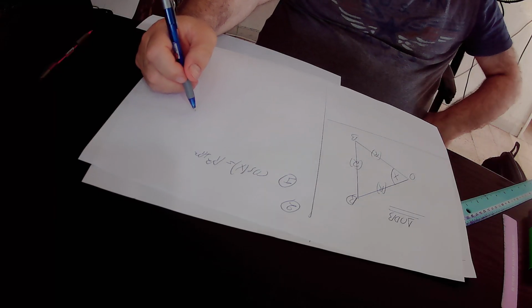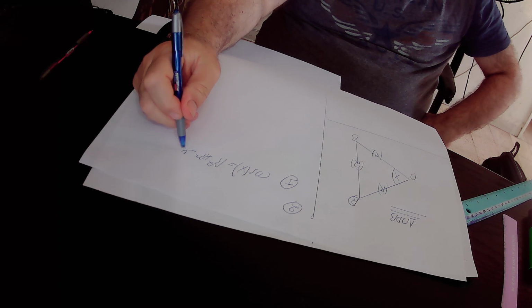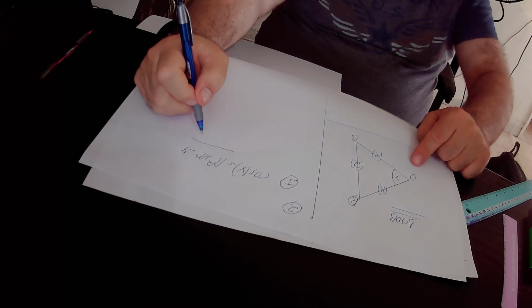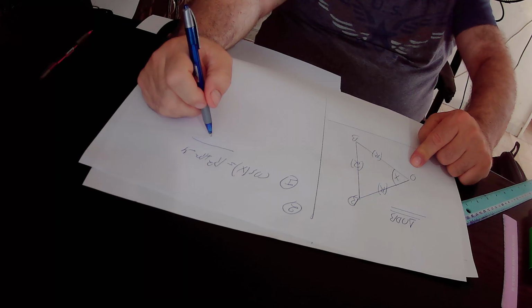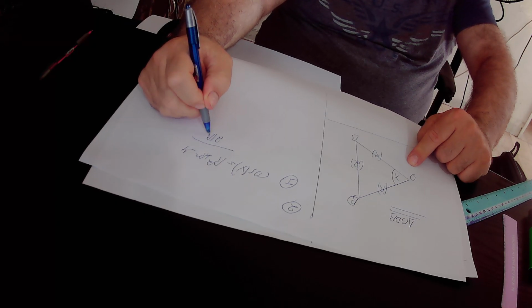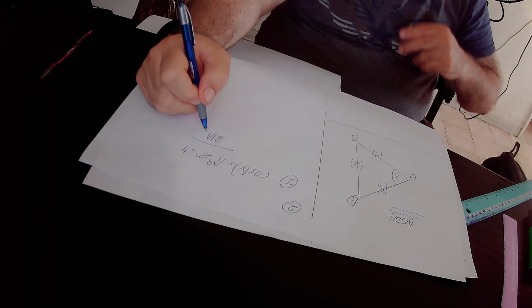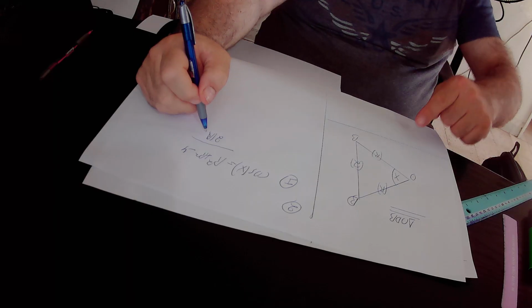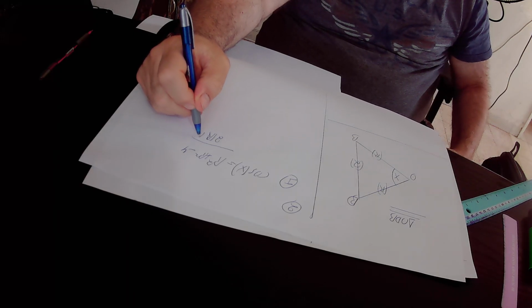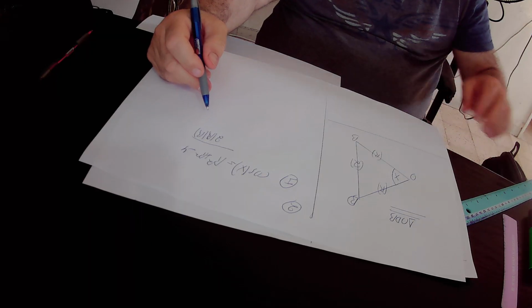DB is 2, therefore DB squared is 2 squared, that is 4, so it is minus 4, divided by 2 times DO. DO is R, so we substitute DO by R, so it is 2 times R, times OB. OB is also R, so we substitute OB by R, and we get a denominator of 2 times R times R.